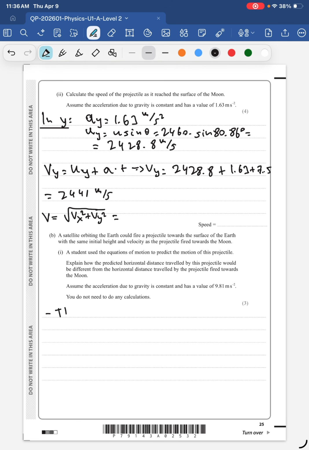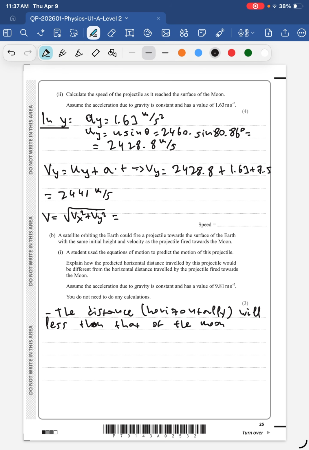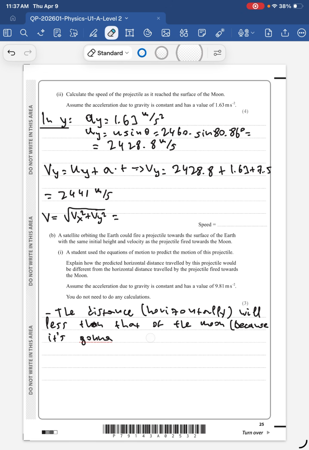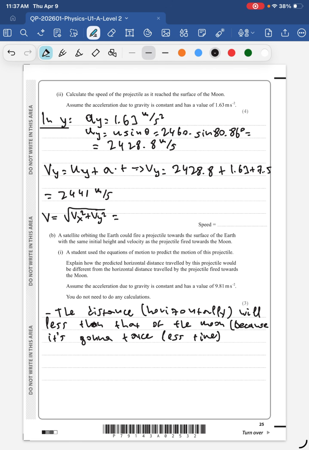So the distance horizontally will be less than that of the Moon, simply because it's going to move faster, because it's going to take less time. So it will fall faster.